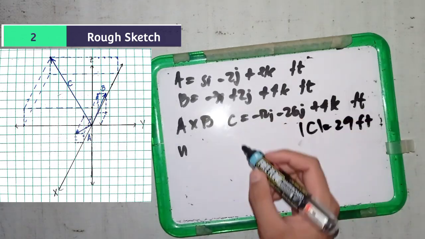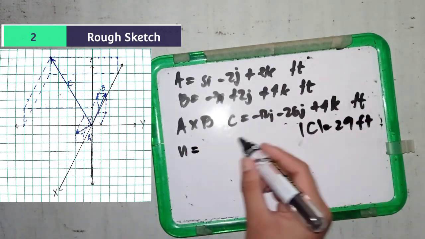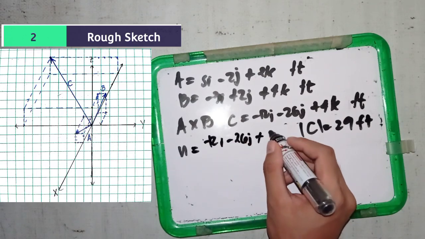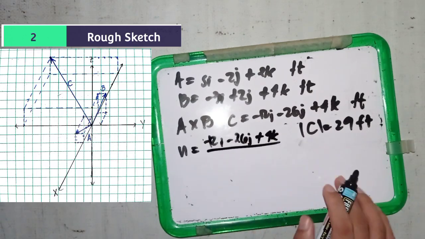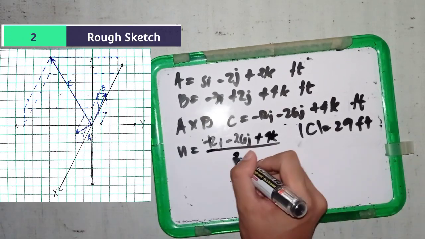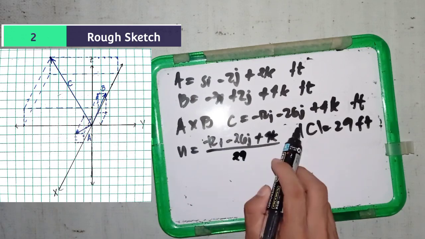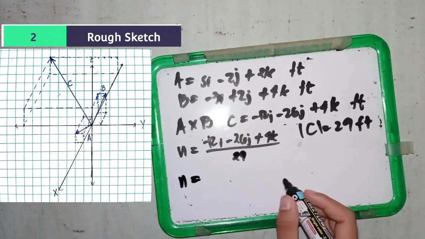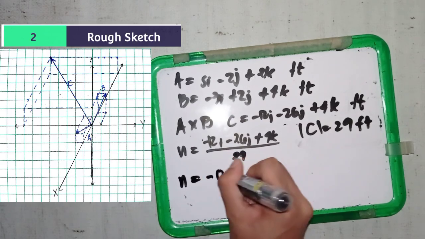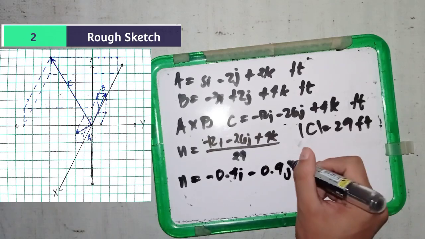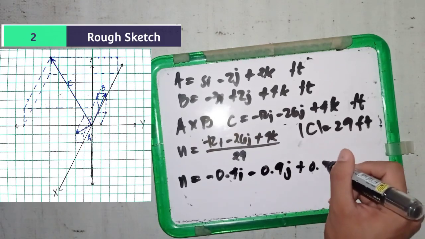To find the unit vector, we need to input first this equation: -12i minus 26j plus 4k divided by the magnitude of C, which is 29. So each of them will be divided, and what we have here is -0.4i minus 0.9j plus 0.4k.